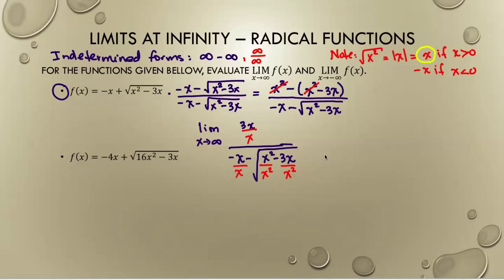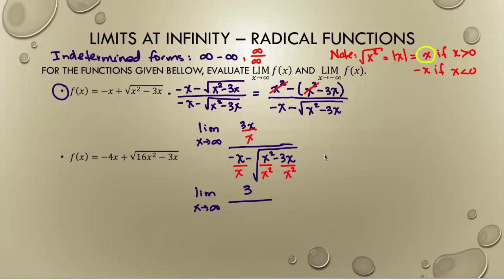All right, now we simplify and we use the fact that the limit as x goes towards infinity of a number over x to the power of n is always 0. So continuing over here, the limit as x approaches infinity, we have a 3 in the top because the x is going to cancel with the x.